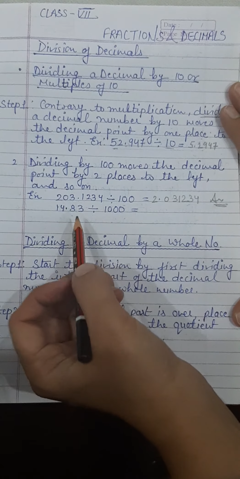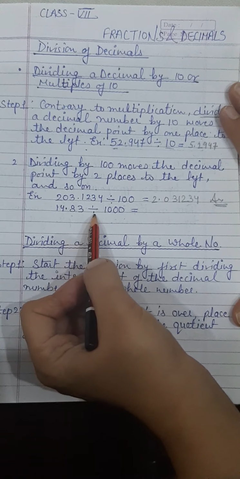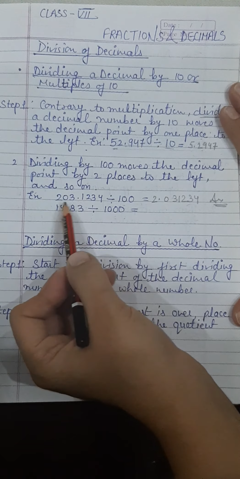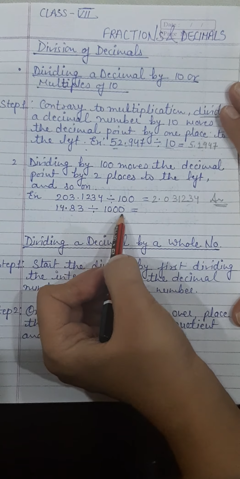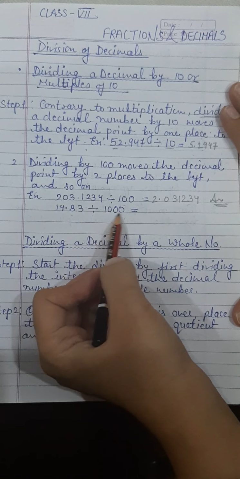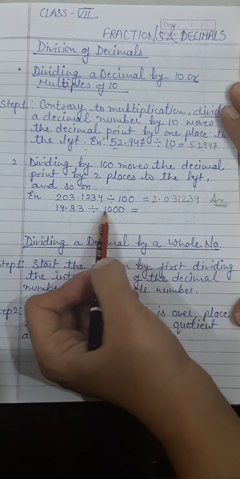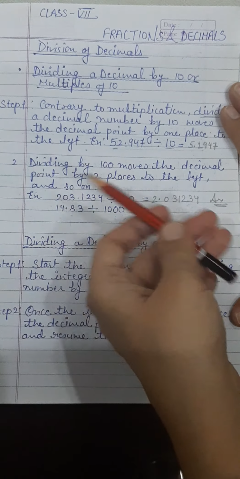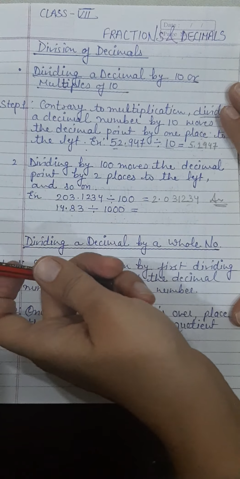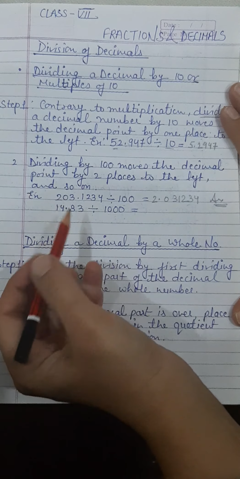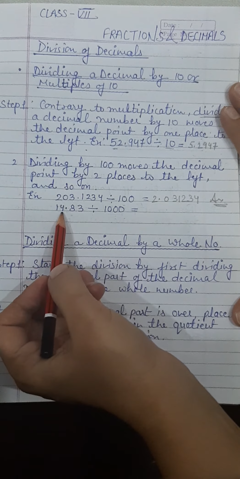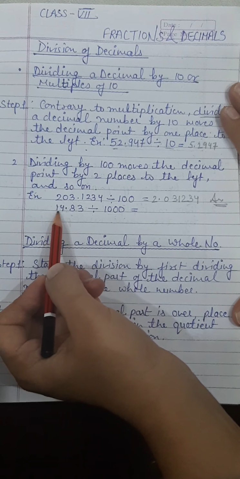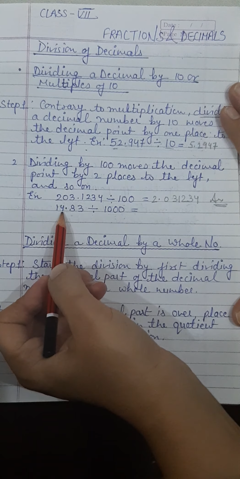Clear? Similarly, when you have to divide any decimal number by 1000, in 1000, 3 zeros are coming. So here you have to shift your decimal 3 places to the left hand side. So what will be the answer here? Here only 2 places are there. So what you will do?